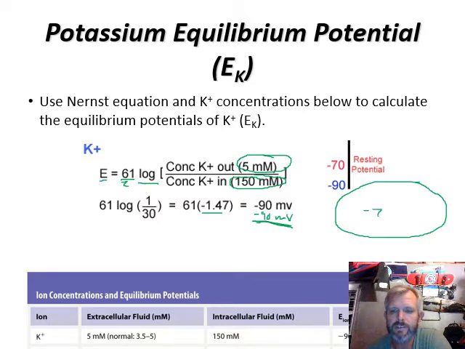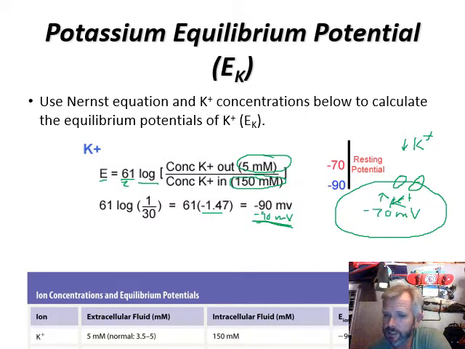Let's look at our cell. So we're at negative 70 millivolts. What the Nernst equation is saying is that if we were permeable to potassium, remember potassium is high inside and low outside, which way is potassium going to go?